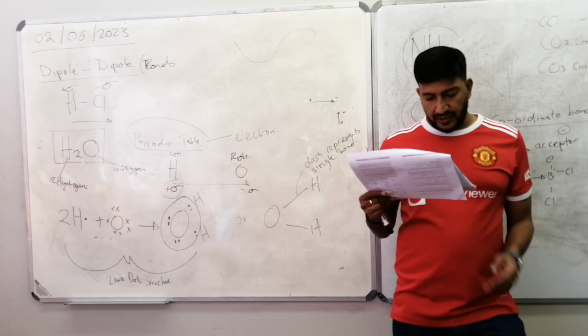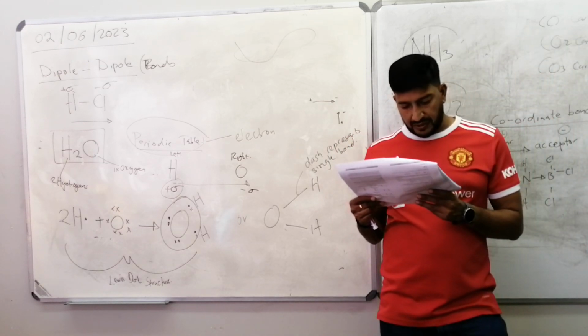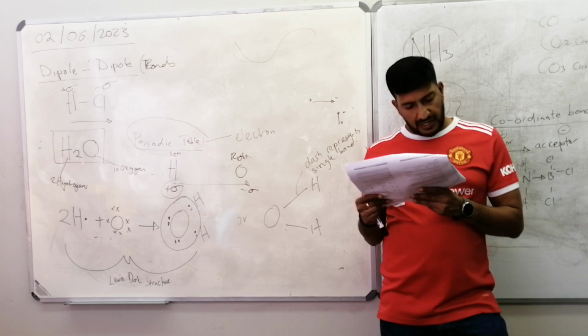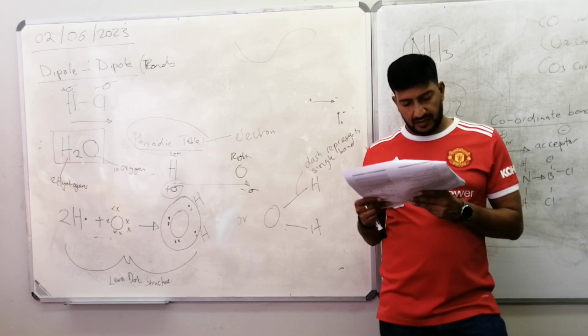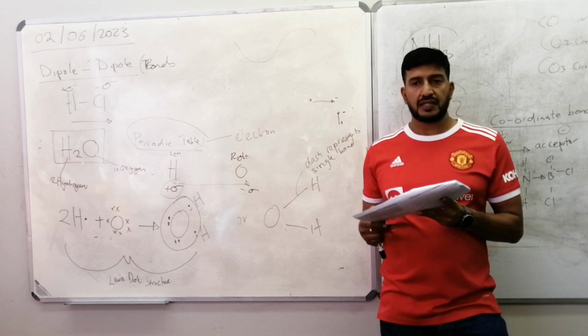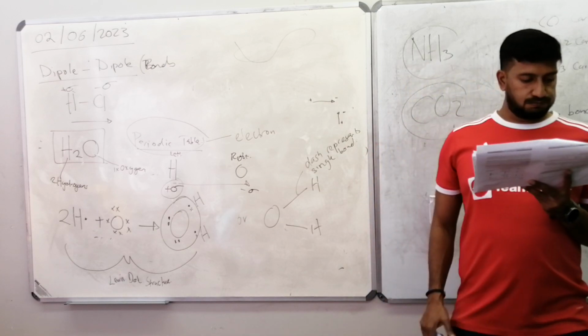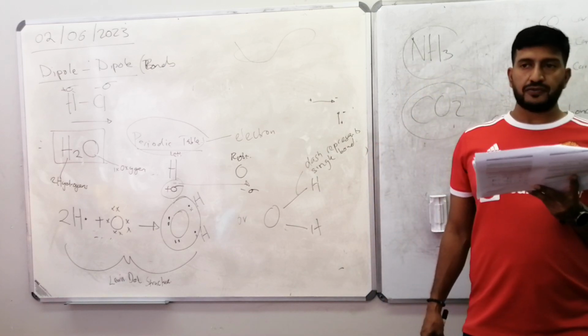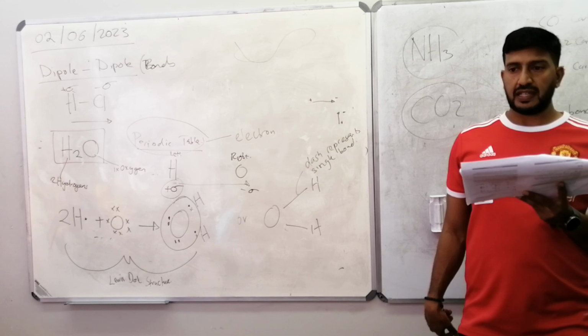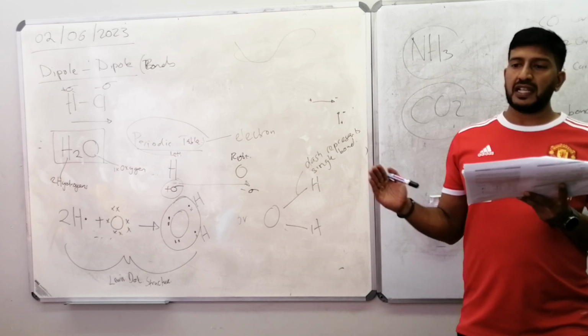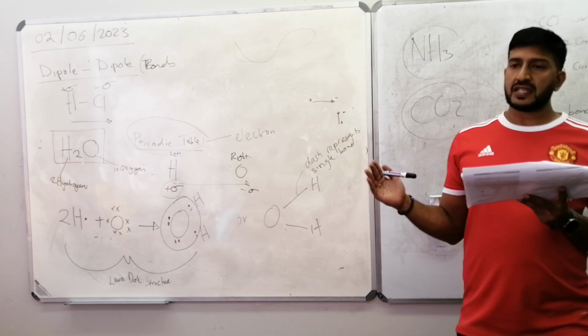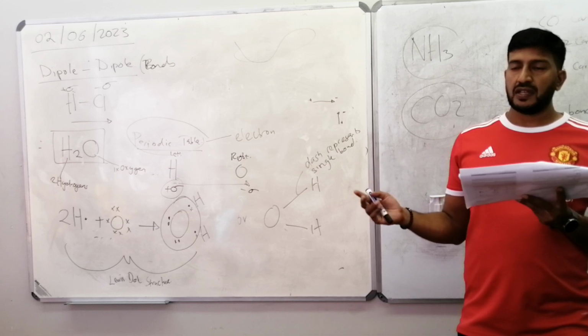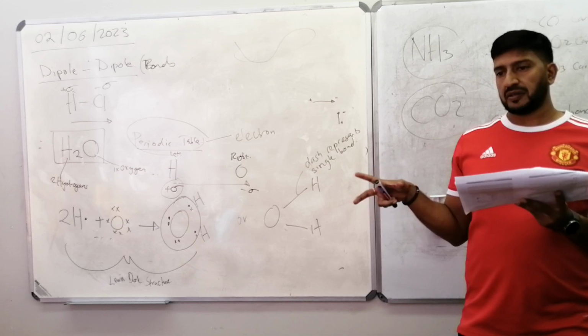So, let's look at this electrovalent compound, ammonium chloride. Which is the positive part? NH4 plus. Remember what we said about electrovalent compounds, you'll always have a negative or positive element or compound attached to it.